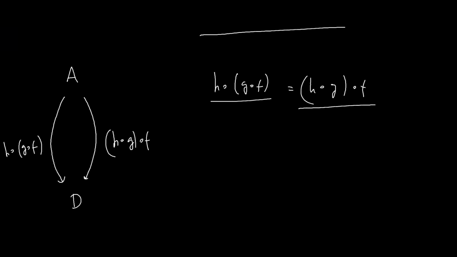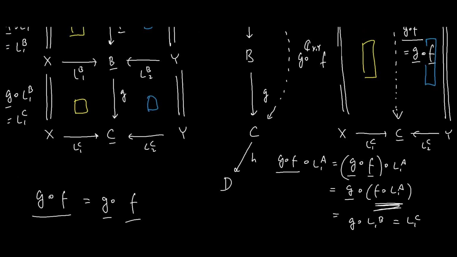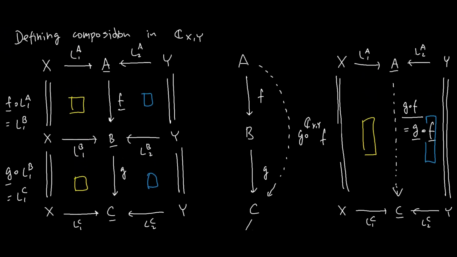Why does this imply that these morphisms are also equal to each other? This requires us to go back to how we define morphism. What did we say about that? What is a morphism f from A to B? We defined it as a morphism from A underline to B underline, right?